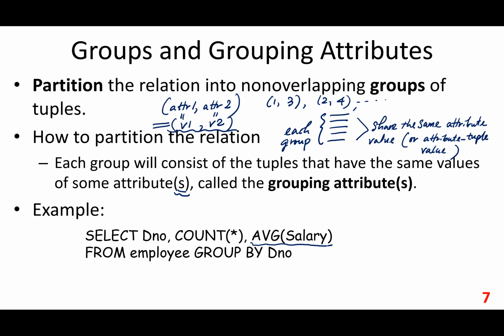Now we want to see how we define the groups. From employee, group by department number. Department number values, we know, are 1, 2, 3, 5, 6. Each department number, the employees with the same department number, we put them in the same group.